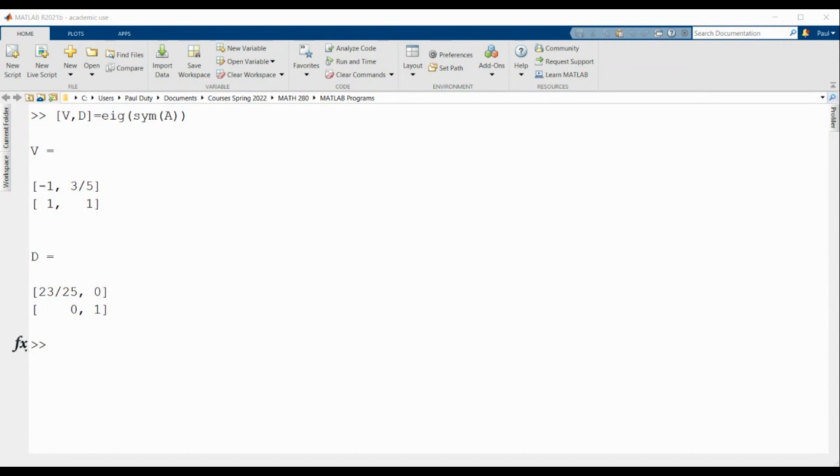So the eigenvalue of 23/25 goes with the eigenvector -1, 1. The eigenvalue of 1 goes with the second eigenvector, -3/5, 1.